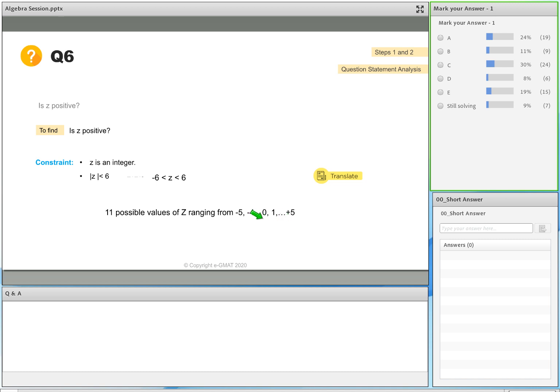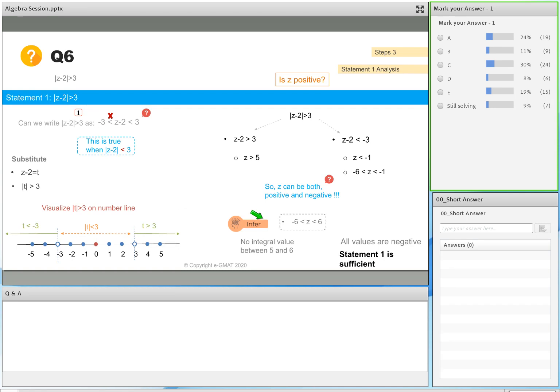With this then, when we go to the first statement, we get this. So the absolute value of Z minus 2 is greater than 3. Remember the approach how we made this into a single variable? So say Z minus 2 is T, so this is nothing but absolute value of T is greater than 3. Now what are the numbers whose absolute value will be greater than 3?